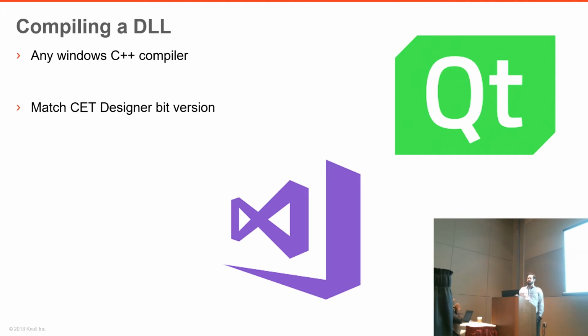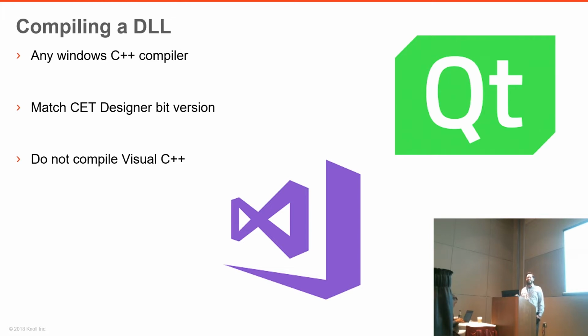You do need to match your DLL version, bit version. So if you're only shipping a 64-bit, you only have to worry about a 64-bit DLL, 32, 32. Even though I said Visual Studio is the fastest way to get your DLL compiled, you cannot actually use Visual C++. So if you go that route, you need to find the command.